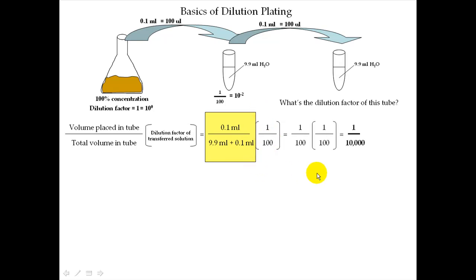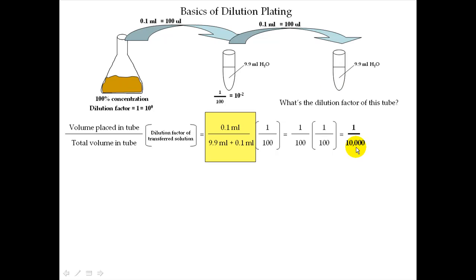That'll give you 1/10,000. And basically what this tells you is that this sample is 1/10,000th the concentration of the original. In other words, the original is 10,000 times more concentrated than this sample.